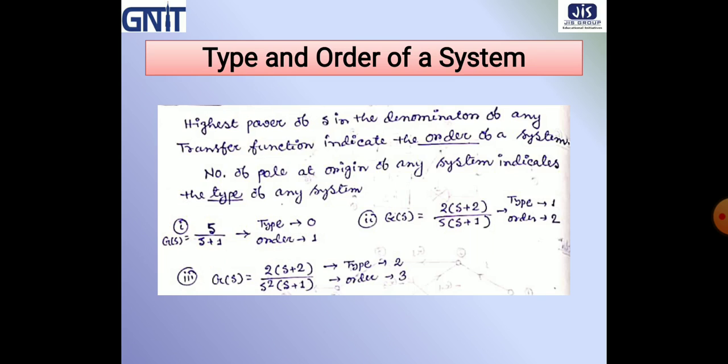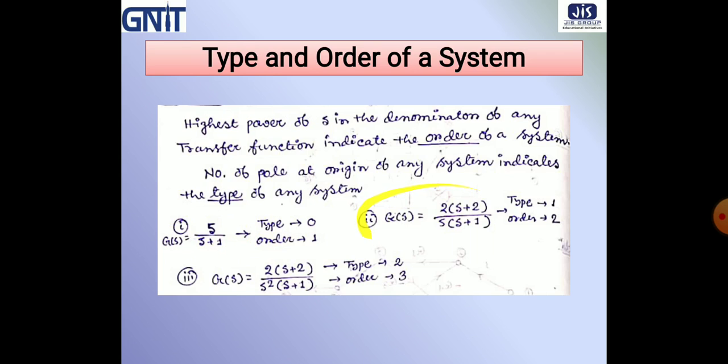That means at the origin there are 0 poles. So the type of the system is 0, and the total number of poles present in the system is 1. So that's why the order of the system is 1.